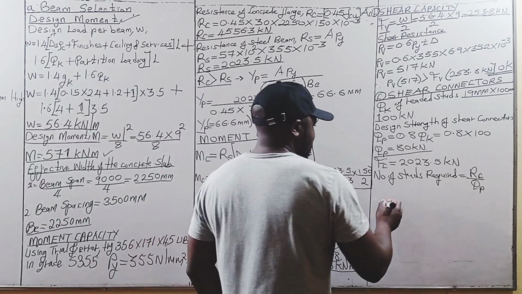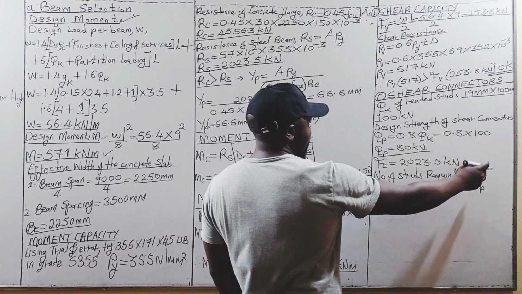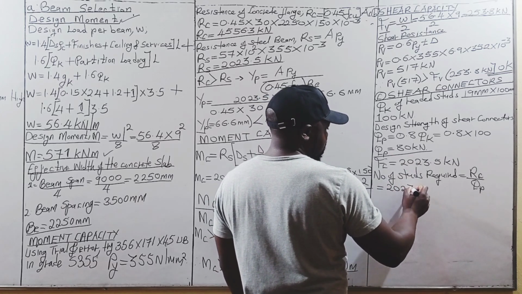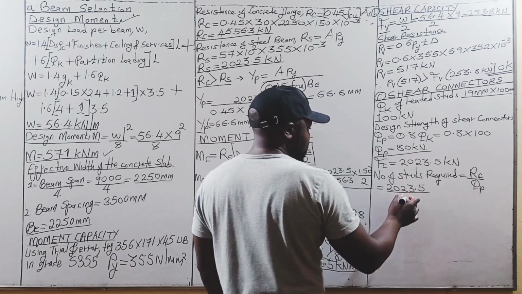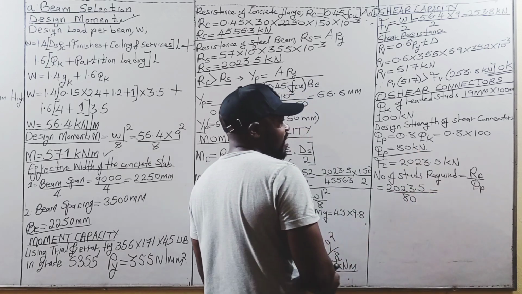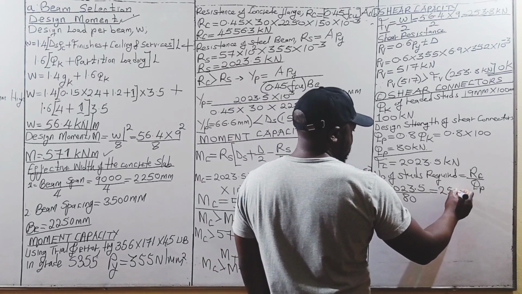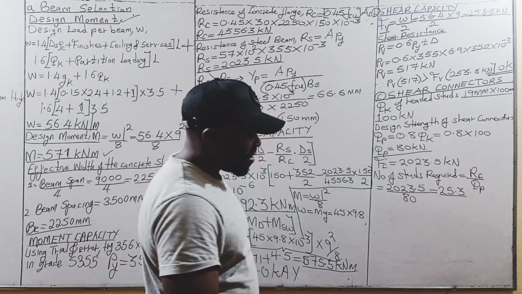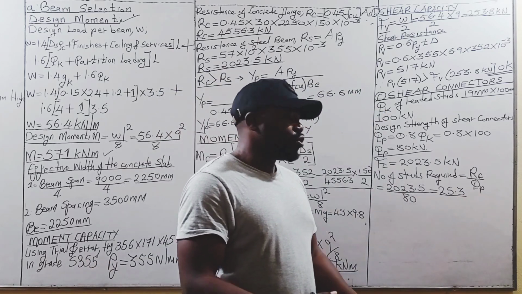Therefore, the number of studs required will be 2023.5 kilonewtons divided by QP, which is 80 kilonewtons. And this is going to give us 25.3 studs. Since we cannot have 25.3 studs, we are going to approximate it to 26.